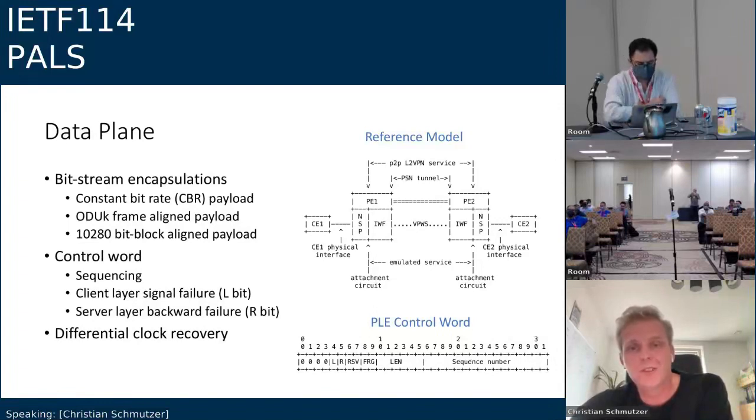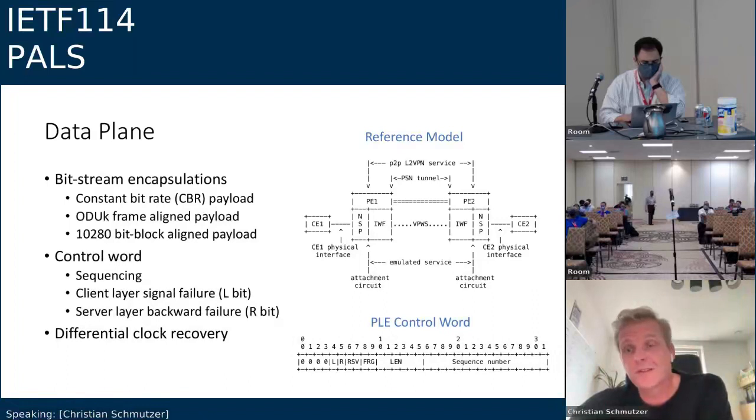But to allow a more optimized implementation for carrying ODU or very high capacity 200 gig or 400 gig interfaces, we have defined some alignment: in the OTN case, we do an ODUk frame alignment, and for 200 gig and 400 gig, we're aligning with the 1028-bit blocks that have been defined for those Ethernet technologies.